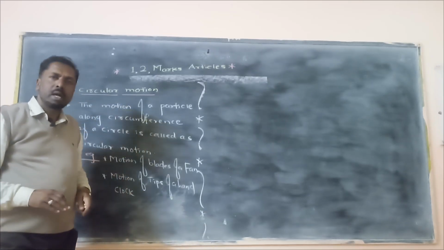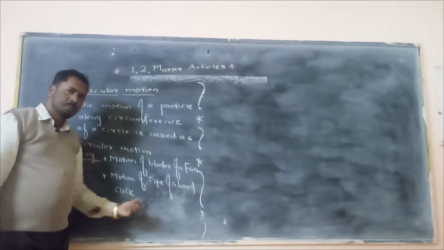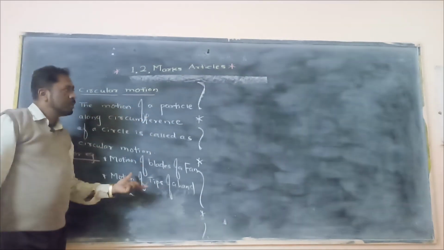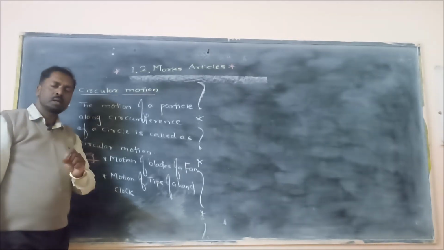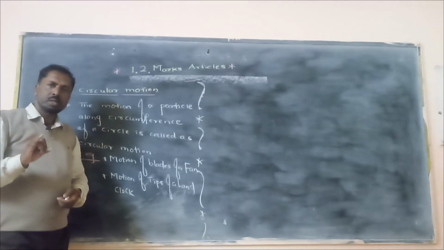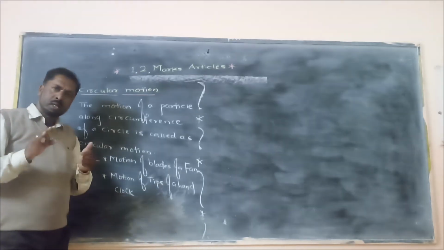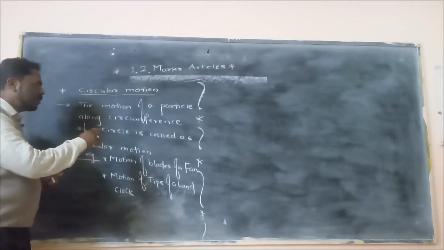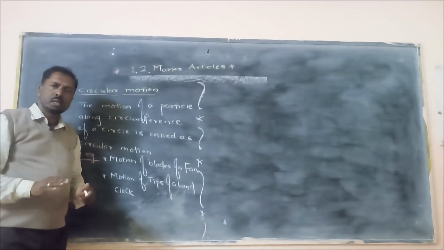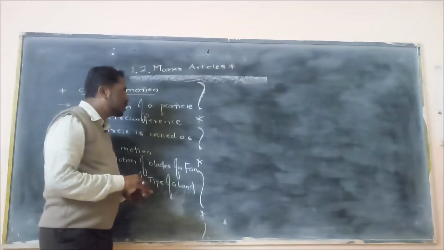It will be in varying form. Thus we can conclude that circular motion is the motion of a body, an object or a particle along the circumference of a circle in which the speed does not remain constant.